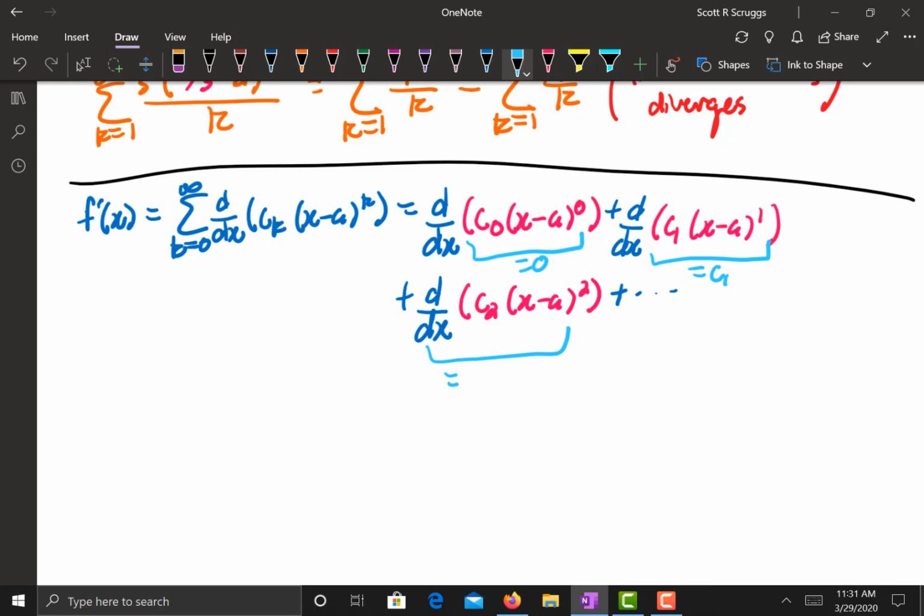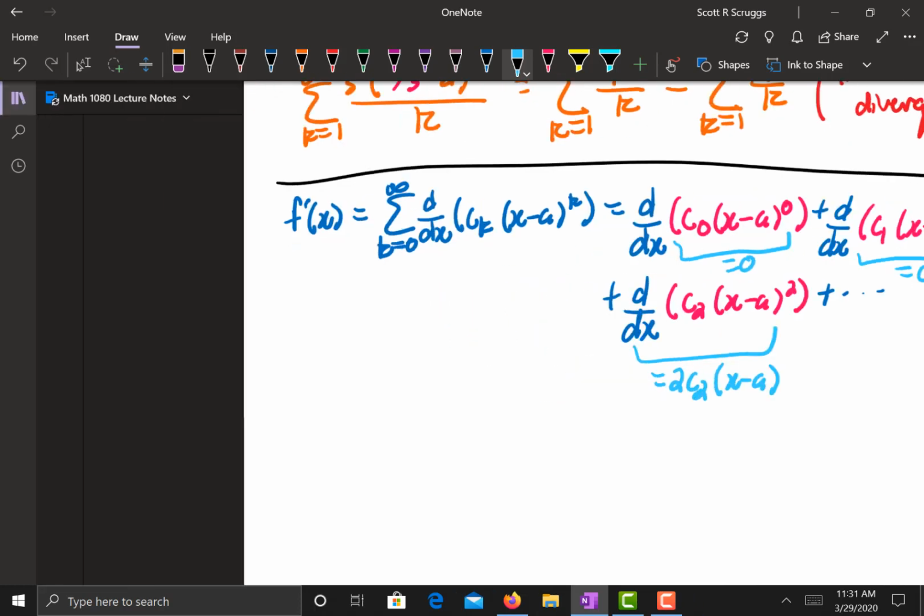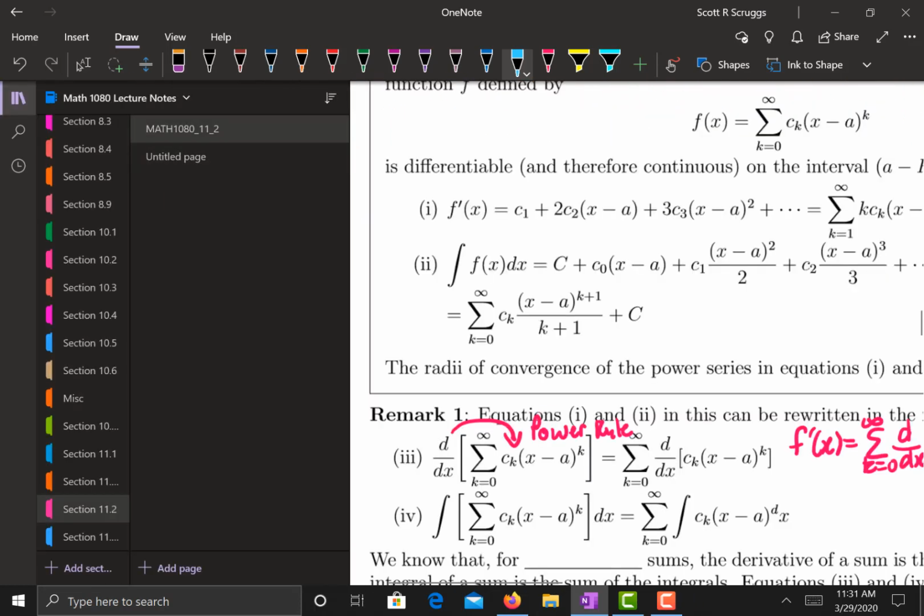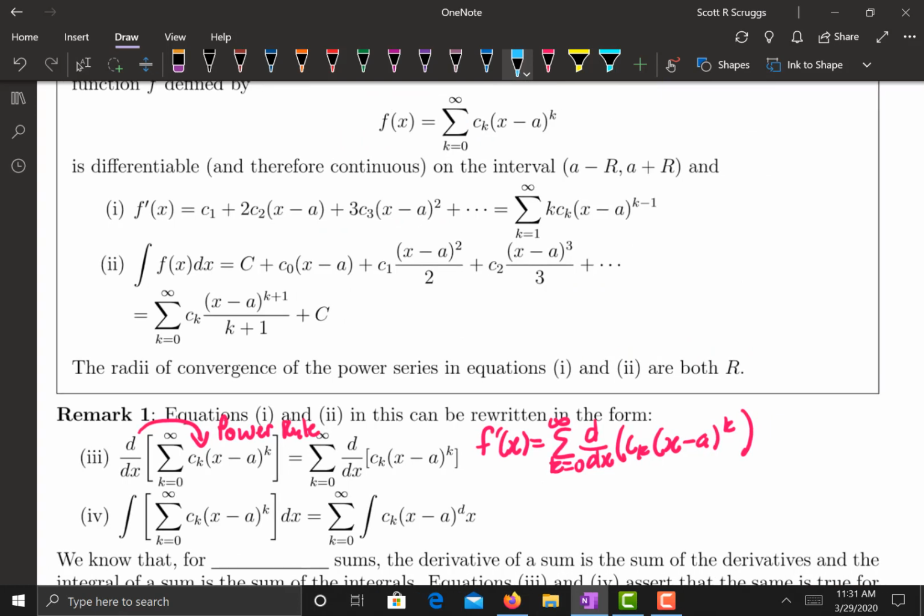By using power rule, chain rule with the power rule, I'll have 2 times c2 times (x minus a). And that pattern keeps repeating, which gives us our concise form for the derivative in power series form. And that's why also we start at k equals 1 and not k equals 0.